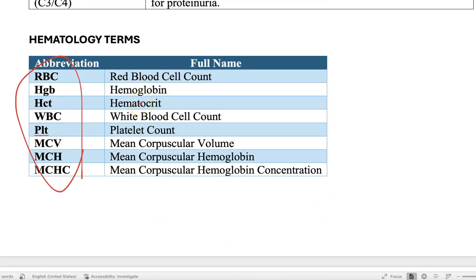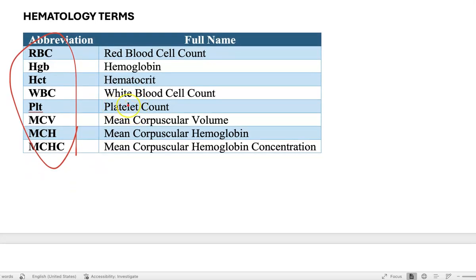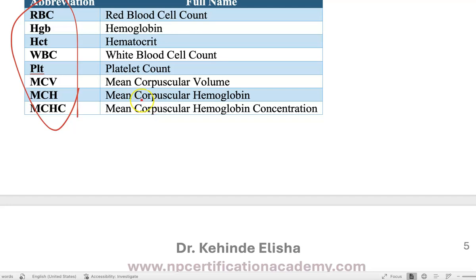So going back to hematology abbreviation terms: RBC, red blood cell count; HB, hemoglobin; HCT, hematocrit; WBC of course, white blood cell; platelet count; MCV, mean corpuscular volume; MCH, mean corpuscular hemoglobin; MCHC, mean corpuscular hemoglobin concentration.